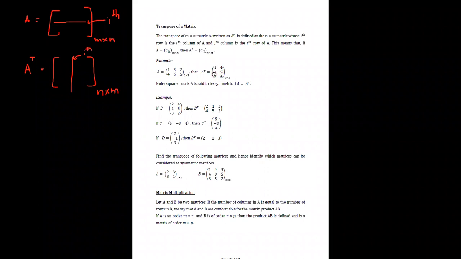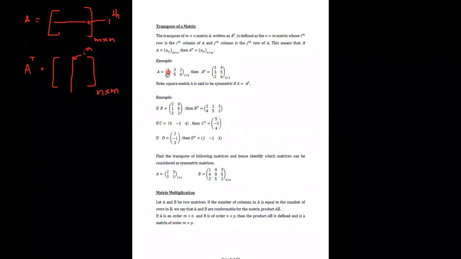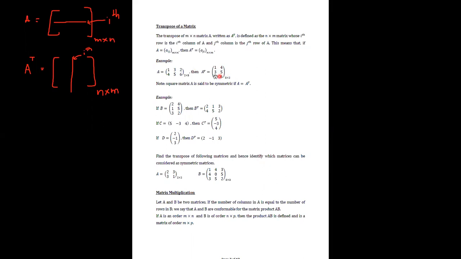Or if I explain it in this way, think about the first column in this matrix. Now it has become the first row of the transpose matrix. For the initial matrix, the second column is given as 3 and 5. Then the second column has become the second row of the transpose matrix, which is 3 and 5. Then 2 and 6, the third column, has become the third row of the transpose of the matrix.